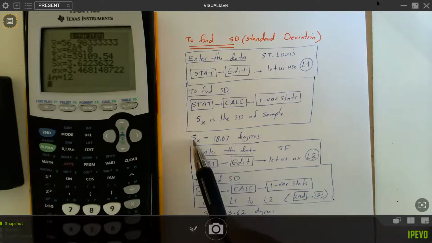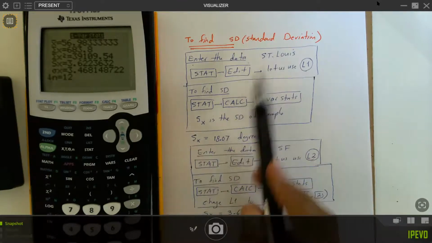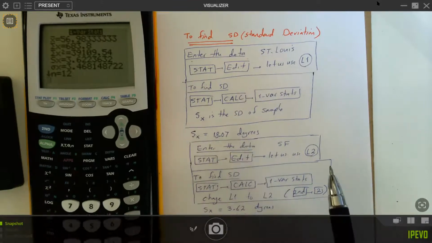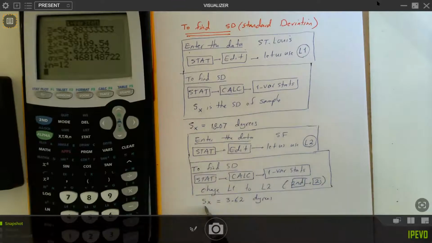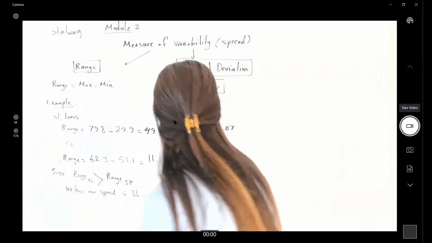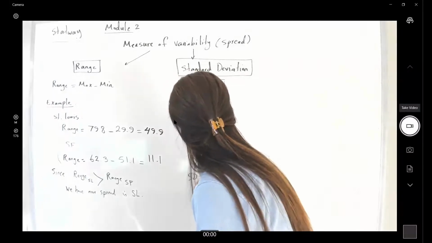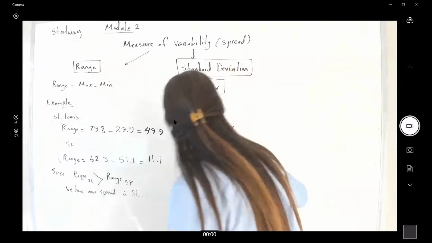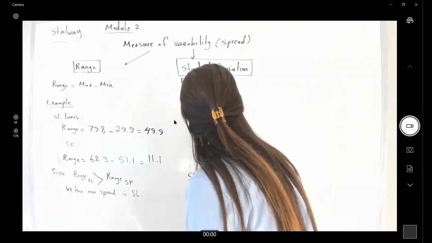Standard deviation of San Luis is 18.07, and the standard deviation of San Francisco is 3.62 degrees.